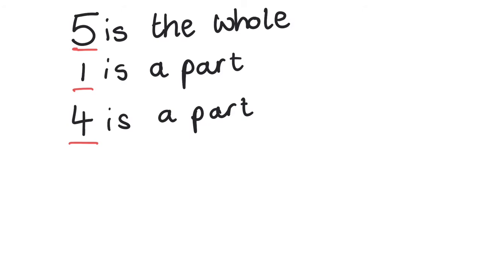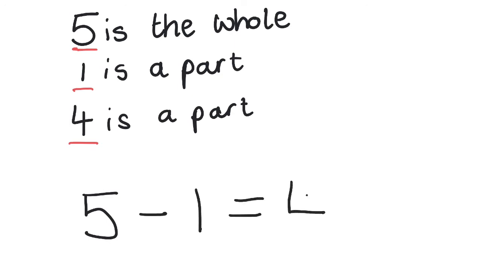And 4 is a part because 4 frogs stayed on the log. So 5 subtract 1 is equal to 4. Can you say that? 5 subtract 1 is equal to 4.